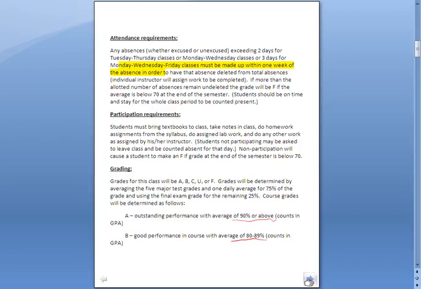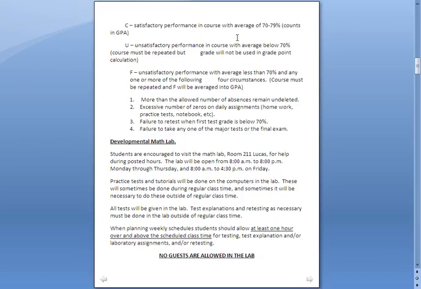Let's see, okay? And then a C is between 70 and 79. And the U is reserved for the student who managed to do all the classwork, turn in all your assignments, take all the tests, but fail to have a 70 average. Then I have the right to give that student a U.